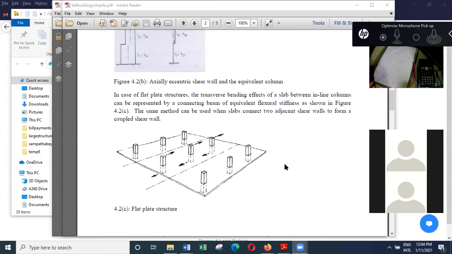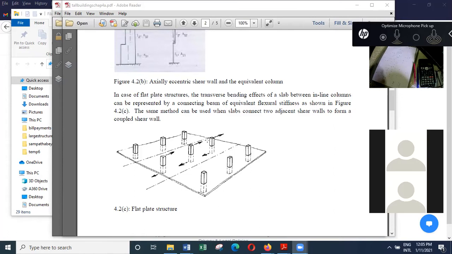So when you get flat slabs, for the vertical load analysis, we consider that from one center line to the other center line, this slab will act like a beam and then transfer all the loads onto these columns. So that's how we generally consider.